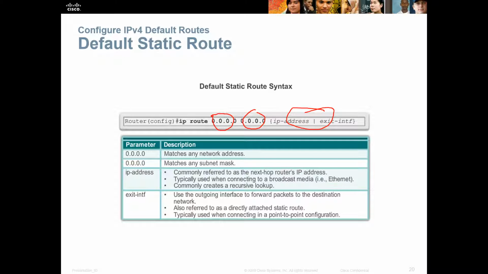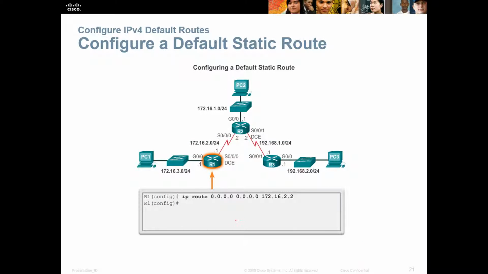So what we can do is tell it to send everything from our LAN to 172.16.2.2, and that will forward it that way. That means any IP address of any subnet received on this network, we're going to forward out that way. That's not specific, but it would work.